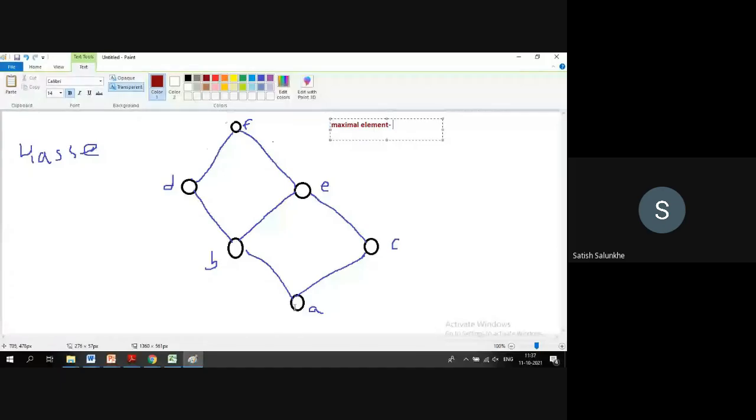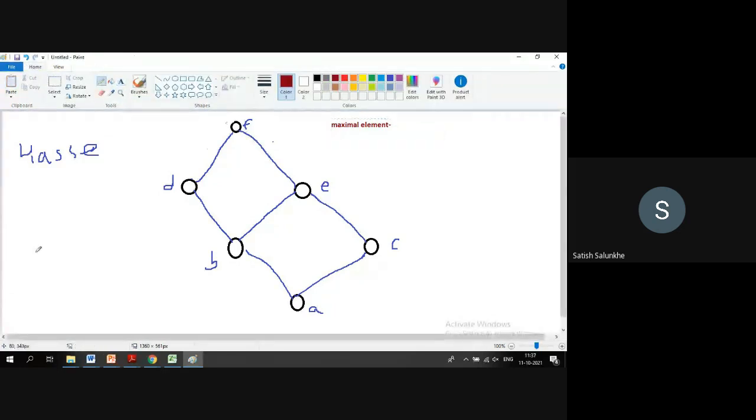No. Here you do have the relation A less than or equal to B. So let's try to understand when you are looking at this Hasse diagram. You have a relation A to B, B to D, D to F, A to C, C to E, E to F. It is like this.